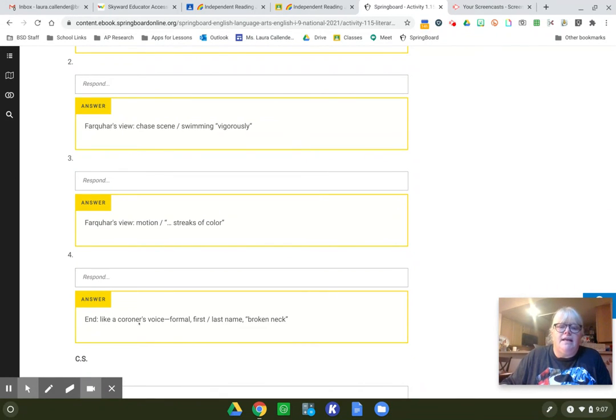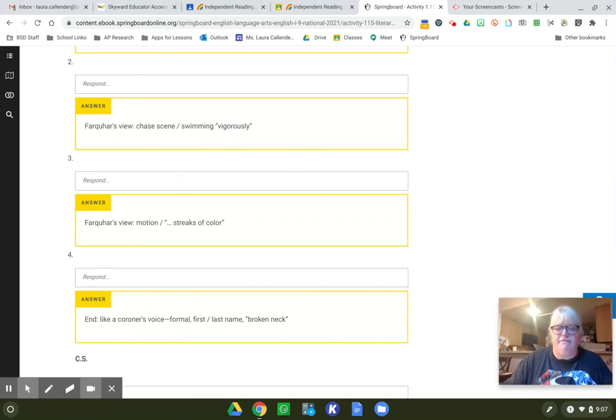And then in the end, he uses like a coroner's voice. It's very formal. His first and last name, broken neck. So when I go to the end of the story and I see "Peyton Farquhar was dead, his body with a broken neck swung gently from side to side."